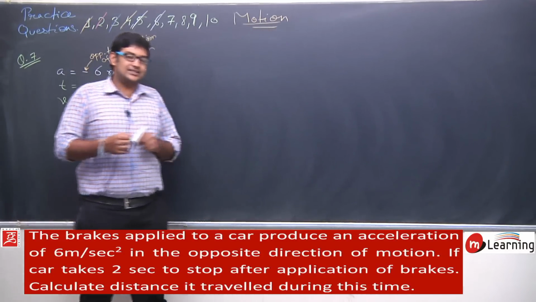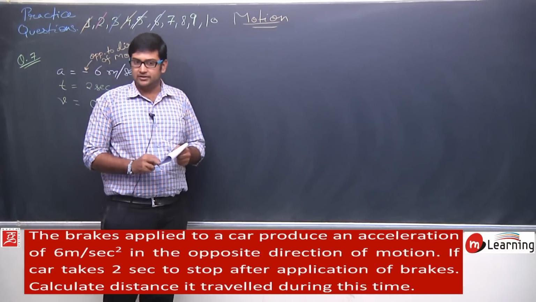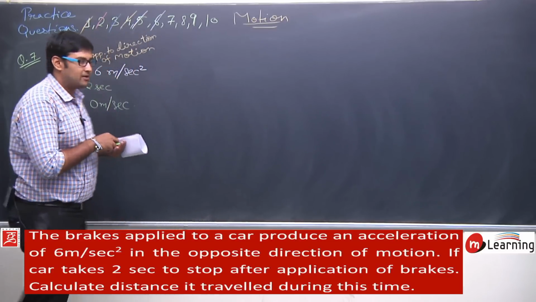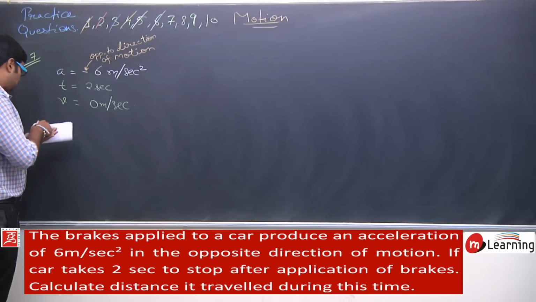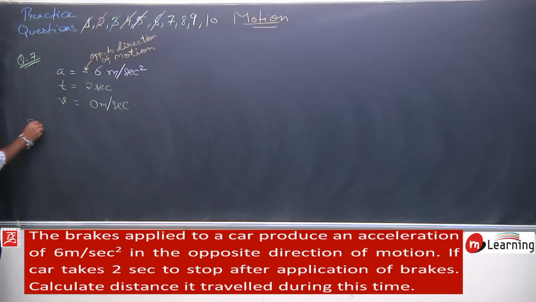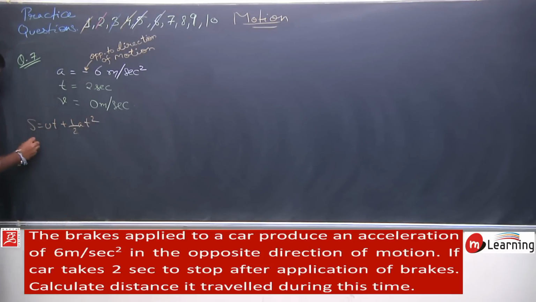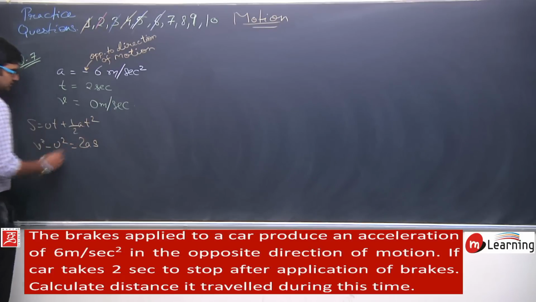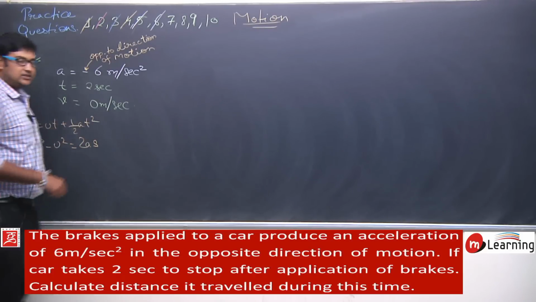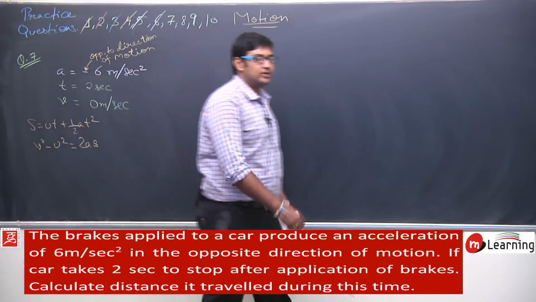How to calculate the distance? We have two equations of motion which consider distance as one of the parameters, and those two equations are s is equal to ut plus half at square and v square minus u square is equal to 2as. In both of these equations, which equation should I use in this question?